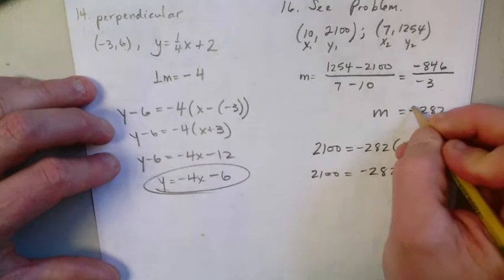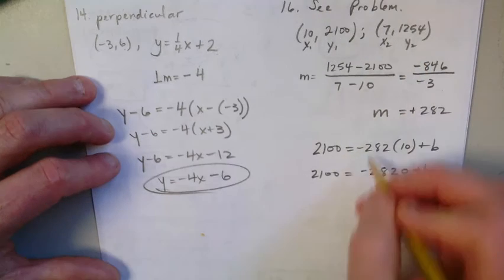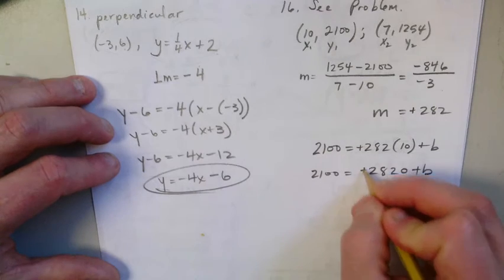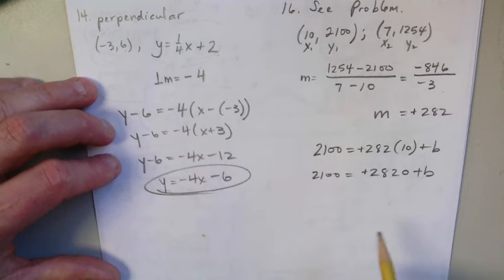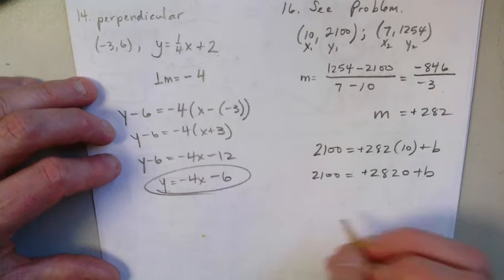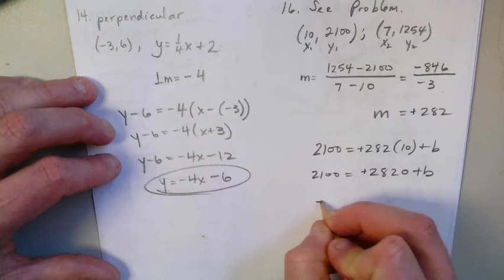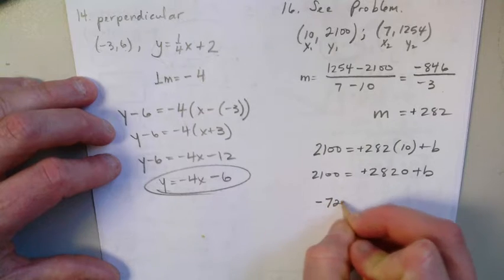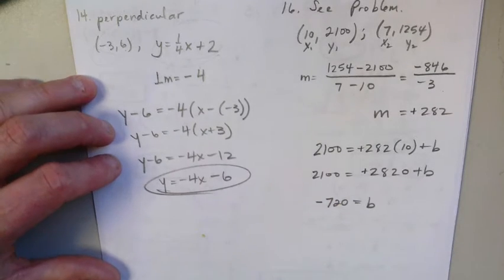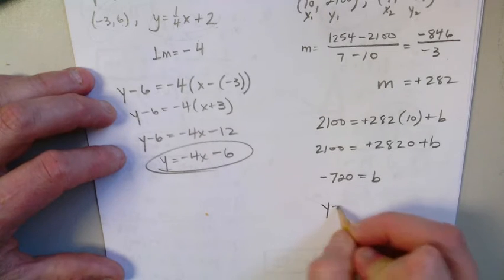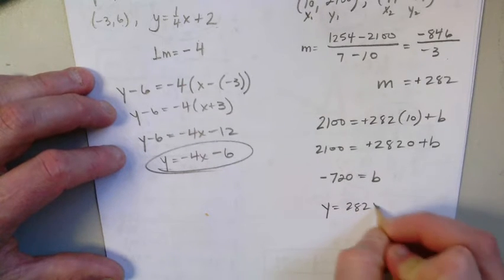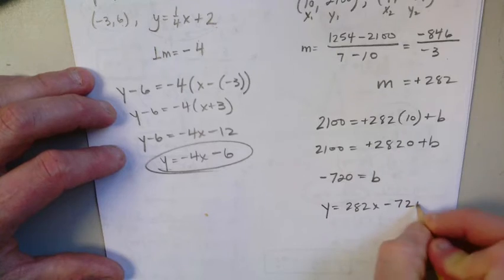Oh, sorry, this should have been a positive. A double negative makes a positive. Okay, so now that makes sense. So I'm going to subtract 2,820 from both sides. And if I do that, I get -720. Okay, that's my y-intercept. And so if I go down here, my equation, y equals 282x minus 720.